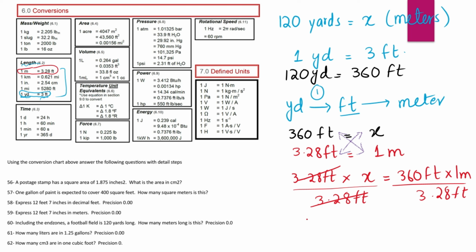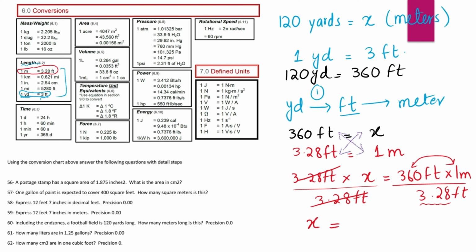On the right hand side, 360 multiplied by 1 is again 360, divided by 3.28. So just do the division, 360 divided by 3.28.